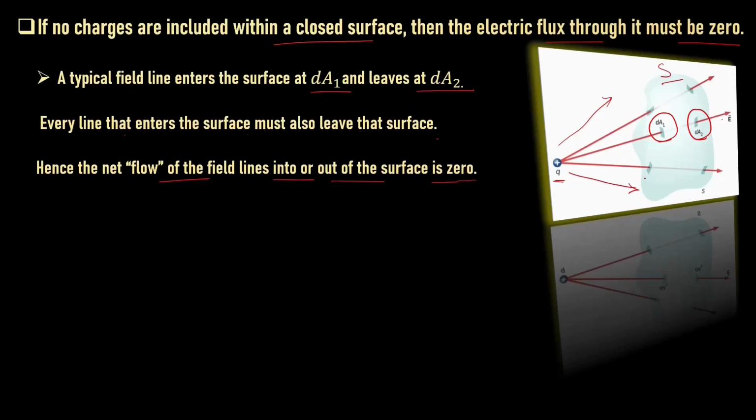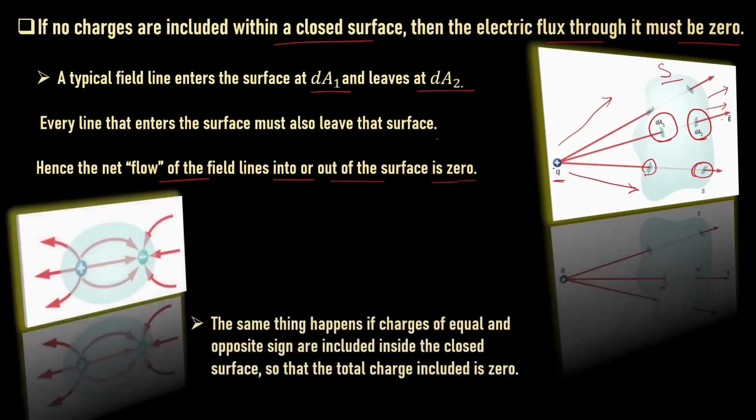Whatever number of field lines enter, the same number escape the given surface, and hence these contribute towards the zero flux situation. So what is the condition for zero flux? Where the source charge is situated outside the given surface.